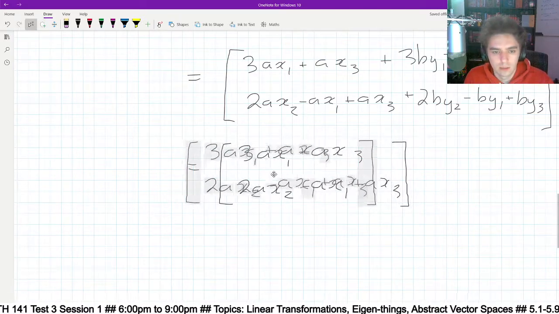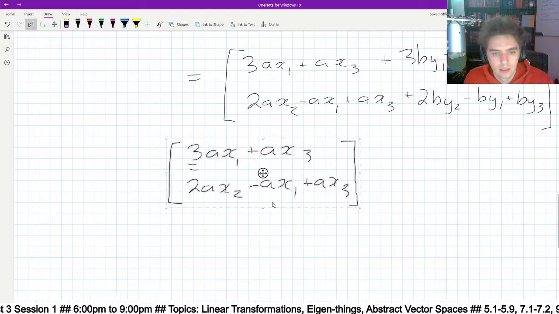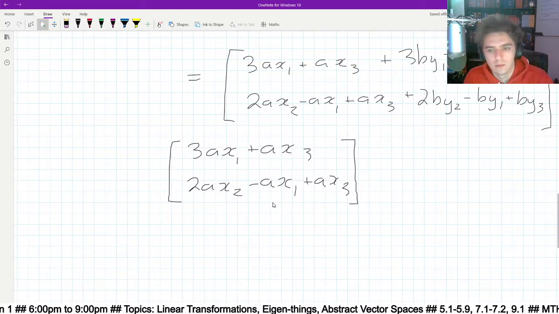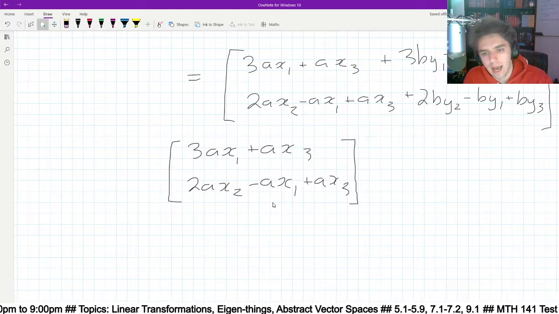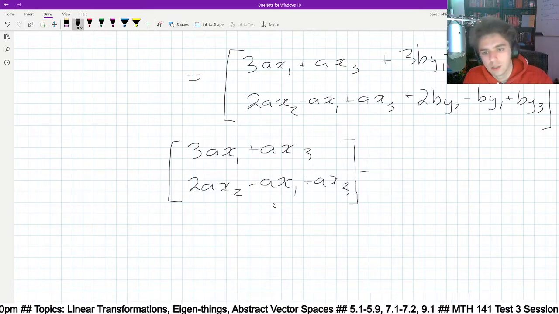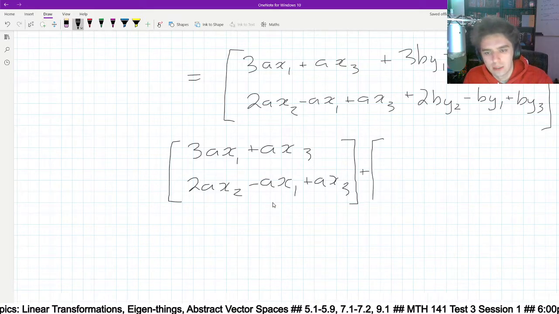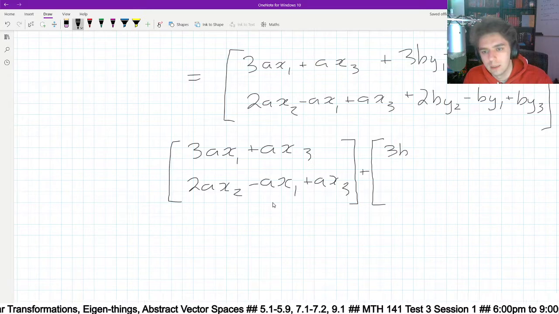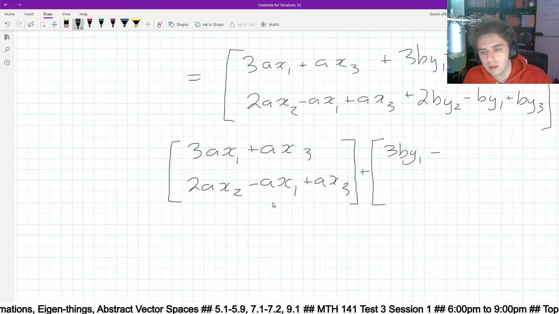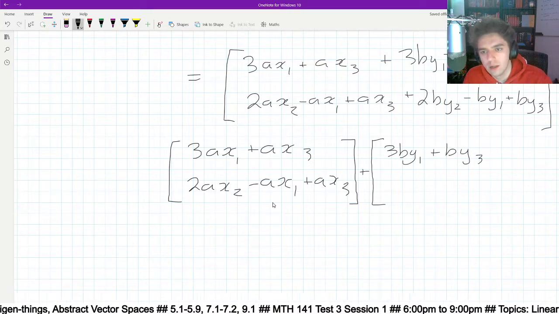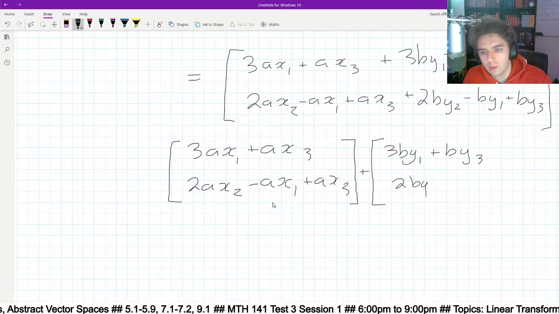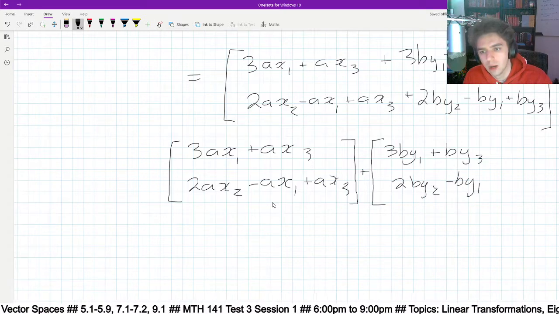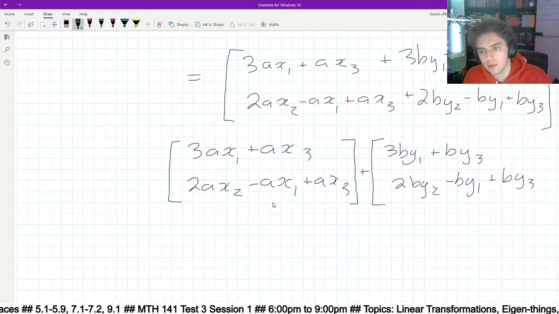I'll erase those equal signs. I'll be adding this to the y vector, which is 3by1 plus by3, 2by2 minus by1 plus by3.